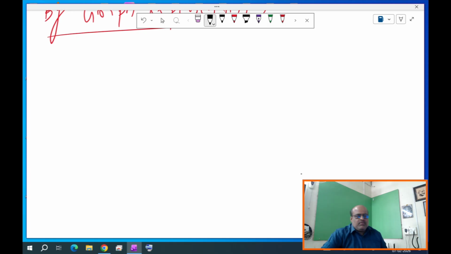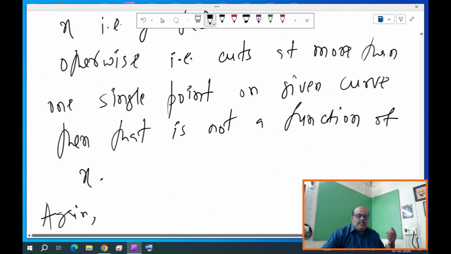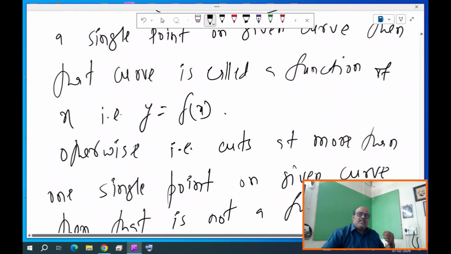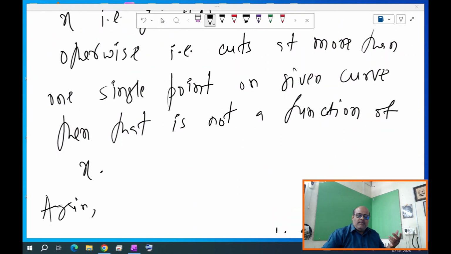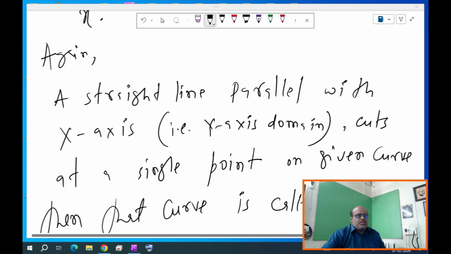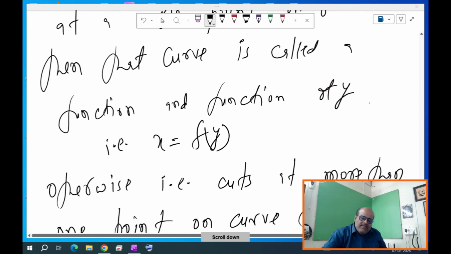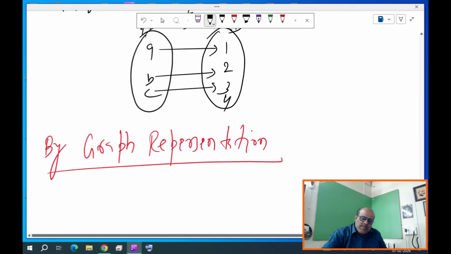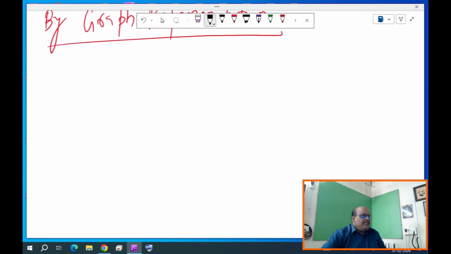So we have to take function of x or function of y. Before, I gave graphical representation to decide who is function of x and who is function of y. But now the function is given, either function of x or function of y. After that you take a straight line, and here we choose it parallel with whatever domain we have.